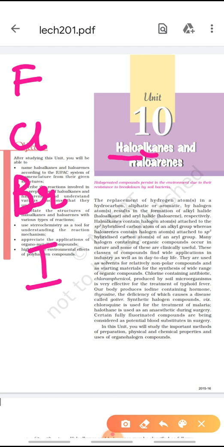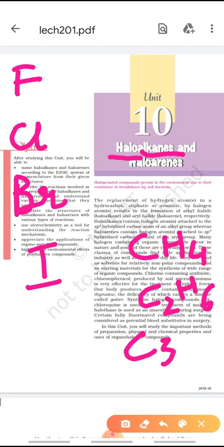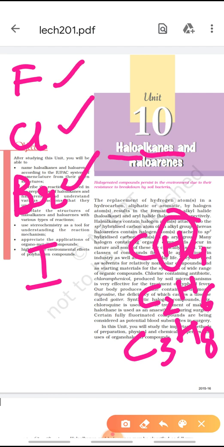And alkanes, as you already know, are the hydrocarbons like methane, CH4, ethane, C2H6, propane, C3H8, butane, pentane, hexane, and so on. So, what are haloalkanes? Haloalkanes are the compounds formed by replacement of one of the hydrogens of an alkane by any of the halogens.